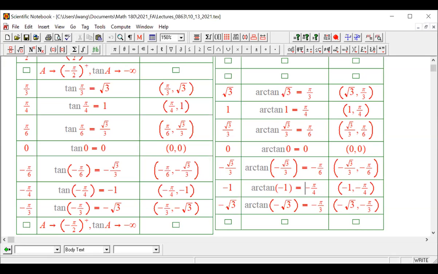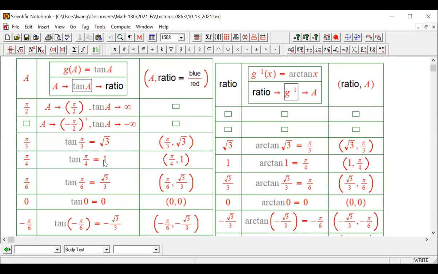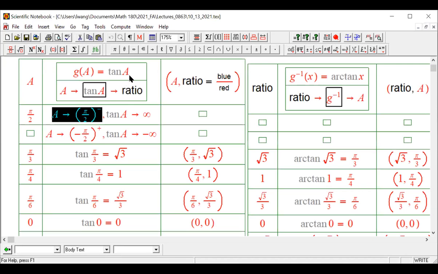Now, related to your calculus, how about this piece? Input becomes output, output becomes input, right? So this is about the input, this is about the output. When input approaches negative pi over 2, or pi over 2 from smaller than pi over 2, tangent approaches infinity.